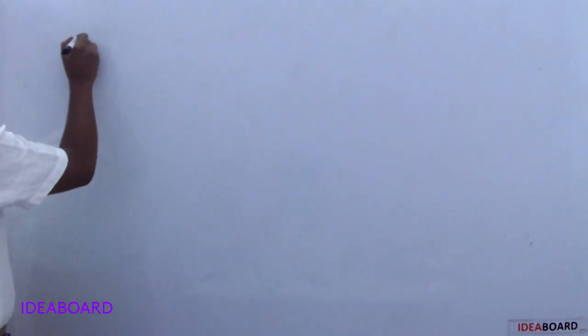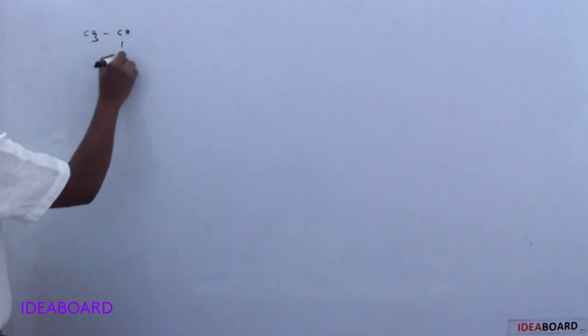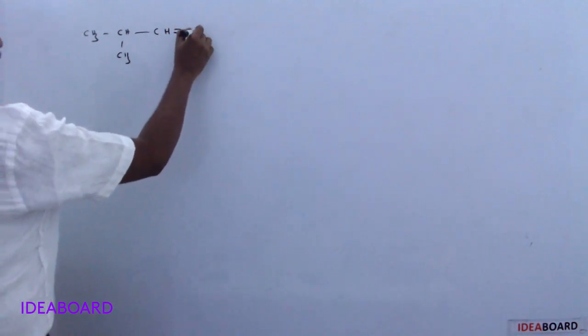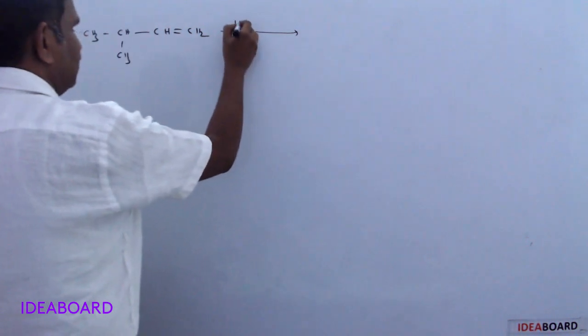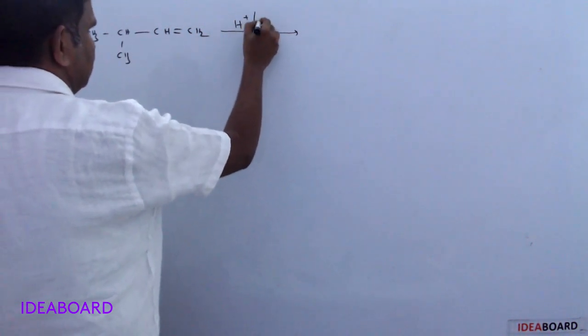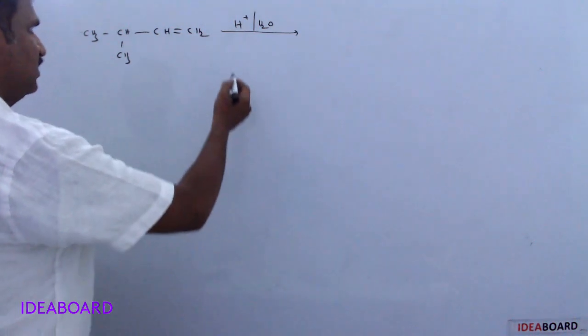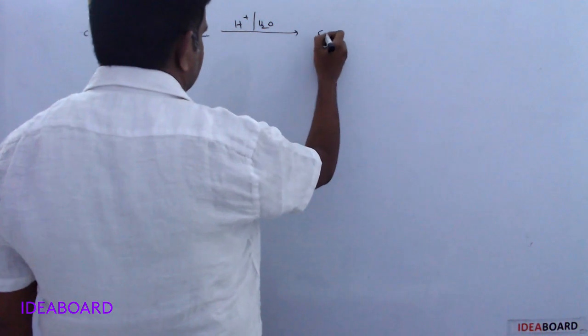Here, suppose first we have CH3, CH, CH3 and CH double bond CH2. If this is the compound we have, and it has H plus and H2O, what is the product? Generally, if H plus first attacks this carbon, we get a carbocation here.